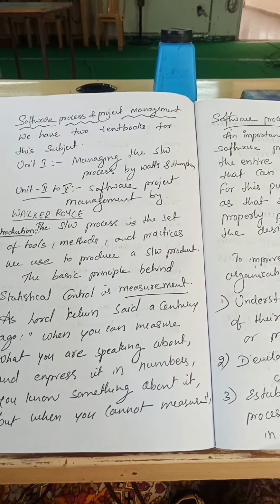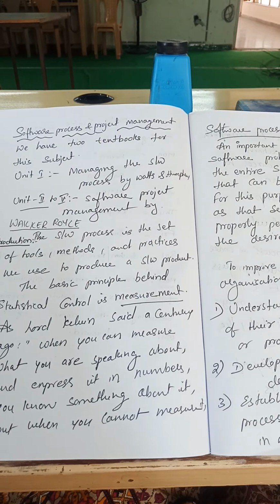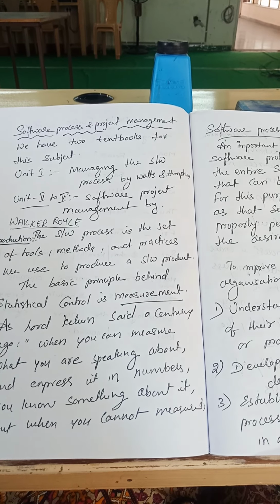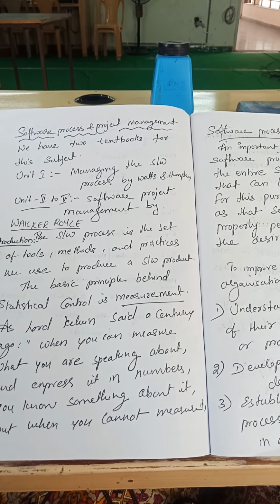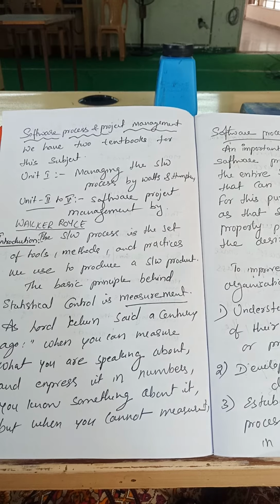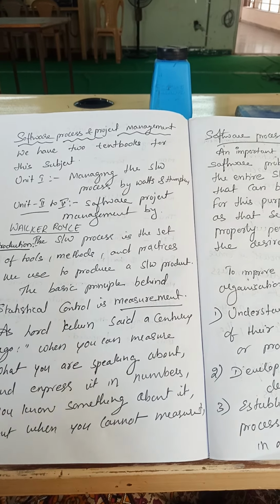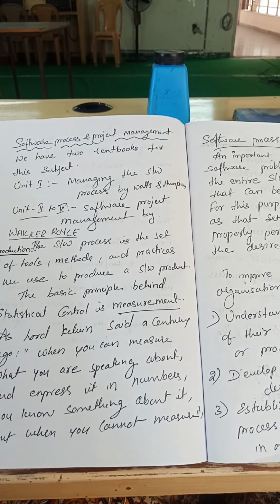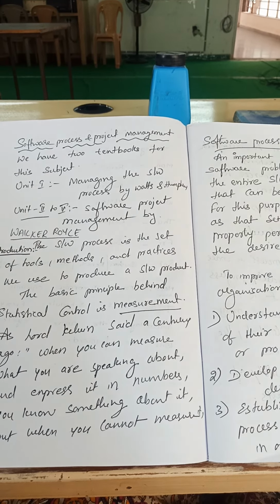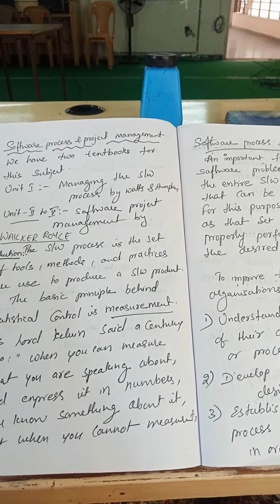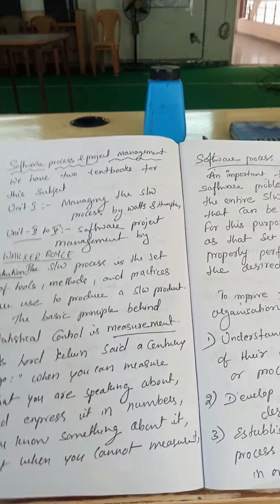Introduction: what do we mean by software process and project management? Software is the collection of programs. But it is not simply about the collection of programs; it is about how to maintain them and how to get a successful project into the market.